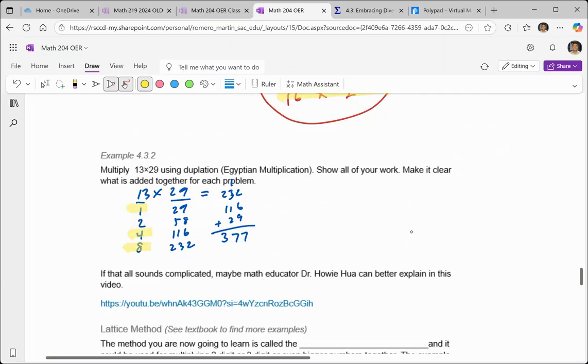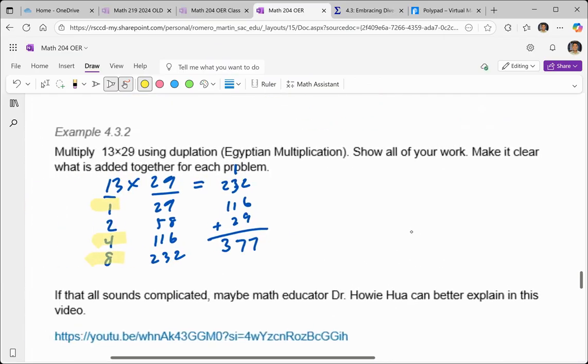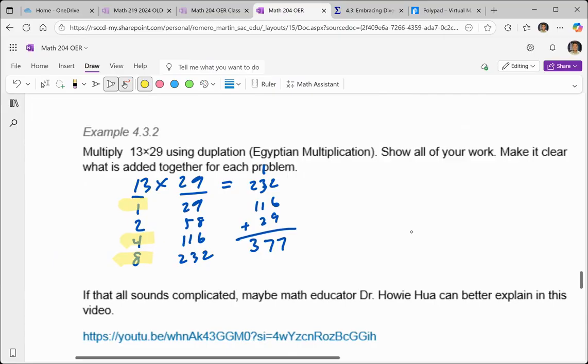And you hadn't thought about it before. So here's another example of the Egyptian multiplication method: 13 times 29. If I know 1 times 29, I know the remaining. I need 13 29s.